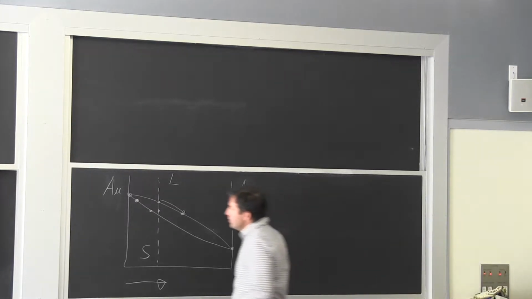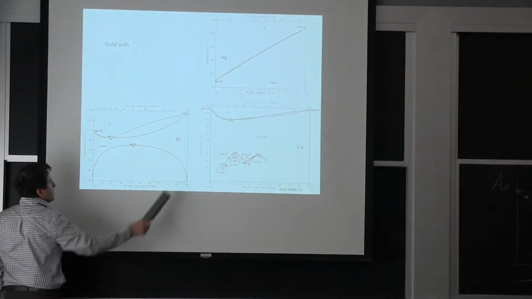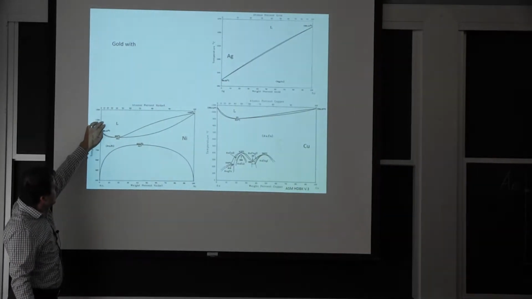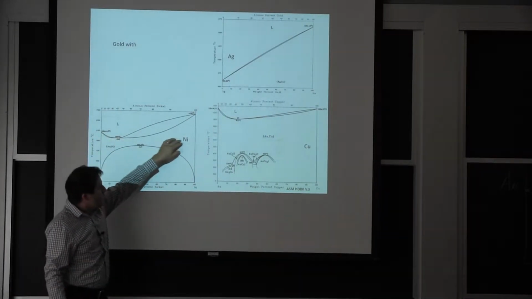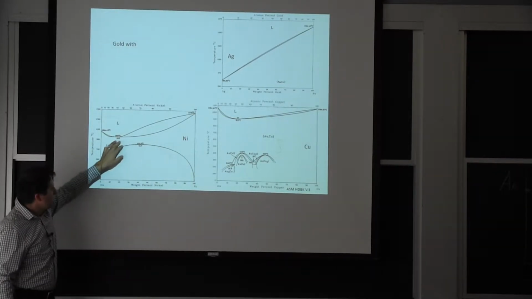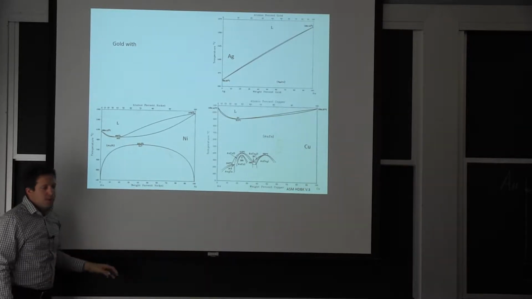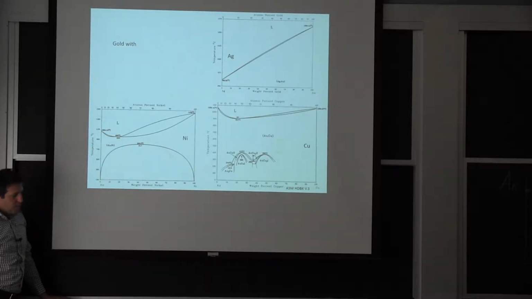Now, one thing that's interesting here between gold and nickel is you'll have that solid phase where for any composition here, you only have one solid, and then you have a phase separation at lower temperature. So there's a certain temperature where in equilibrium, it's okay to have all atoms intermix in the same lattice, and as you keep cooling down, your energy terms become more important, and then all of a sudden you have a separation.